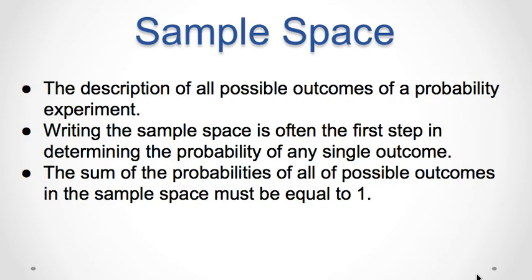For example, in the coin toss activity, the sample space is heads and tails. The probability for each outcome is 0.5. Probability of landing on heads is 0.5, and the probability of landing on tails is 0.5. The sum of these two probabilities, 0.5 plus 0.5, is equal to 1.